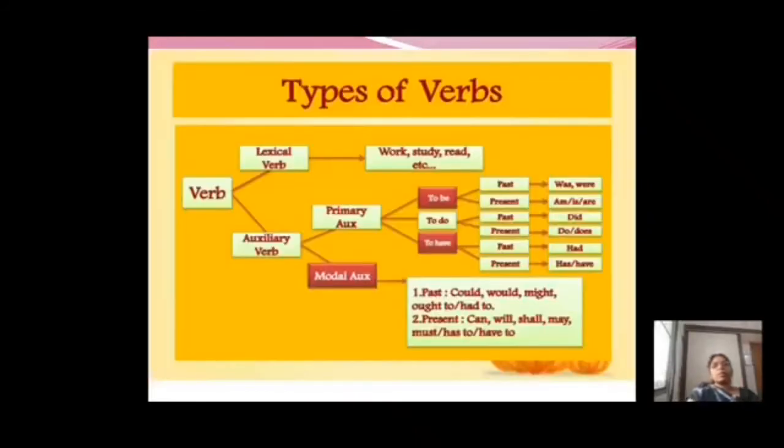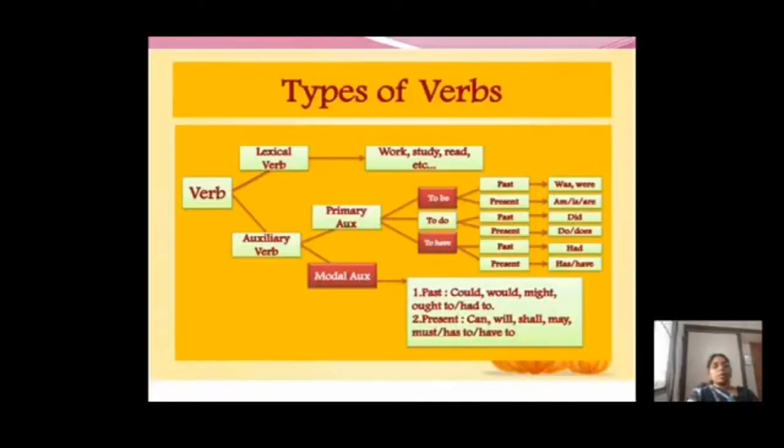Right? So now types of verbs in a small format. Okay, like a mind map. Verb is classified as 2. One is lexical verb, otherwise called main verb, and the next one is auxiliary verb or helping verb. Okay. So lexical verb is otherwise called main verb.